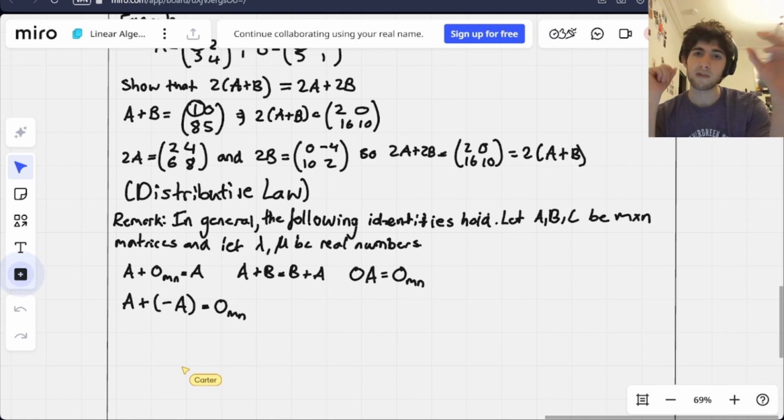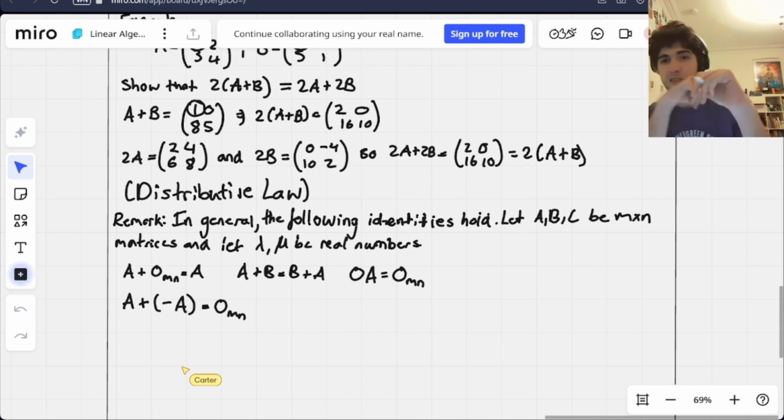And so that means that every entry in A, which can be a real number, add minus that real number, gives you 0, right? 2 plus minus 2 gives you 0, minus 4 plus 4 gives you 0, and that again comes back to an axiom to do with how the real numbers are behaving under addition and multiplication, precisely because we've defined the addition of matrices to be the addition of the components in those matrices, and those components are just real numbers. So that's why we get this.